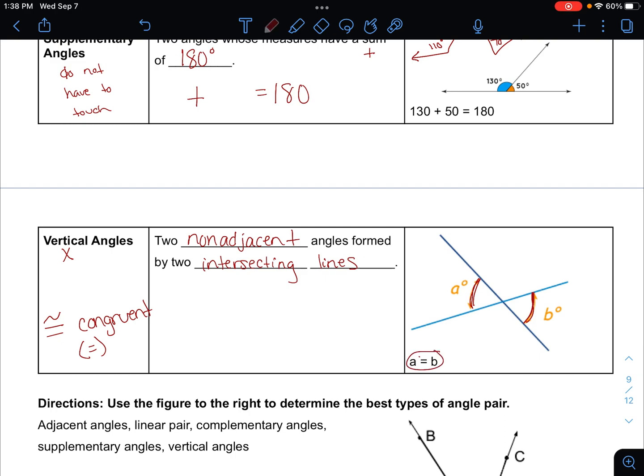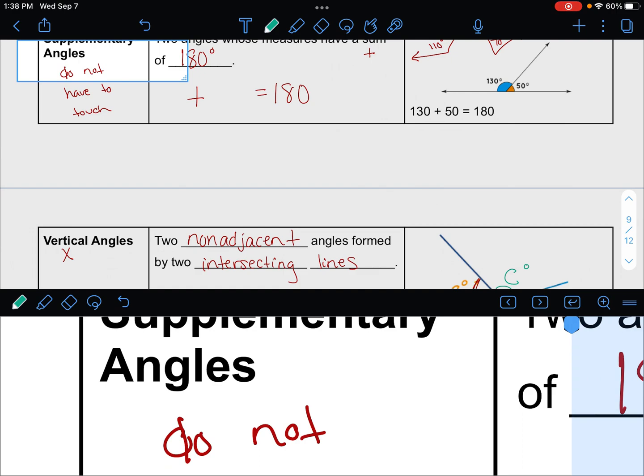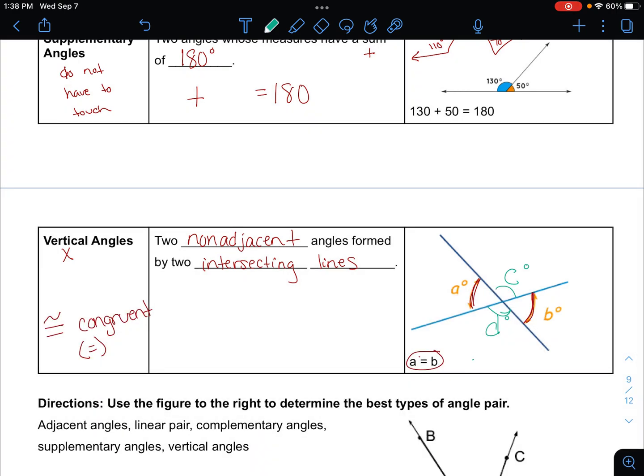Okay, if I label my other two angles, let's say C and D, they are opposite of each other, not adjacent, so C is congruent to D, or C will be the same amount of degrees as D.